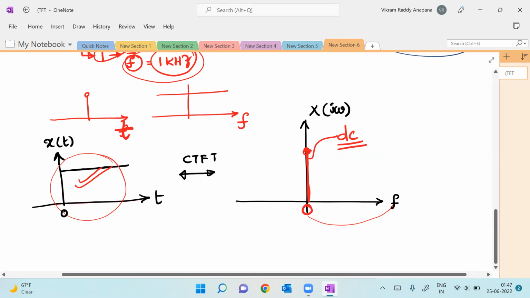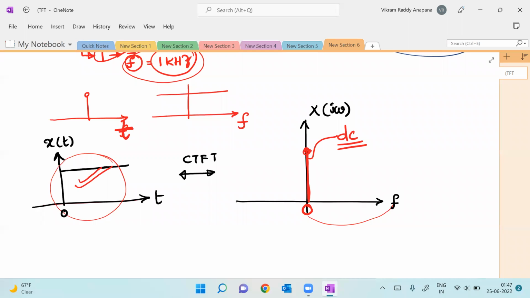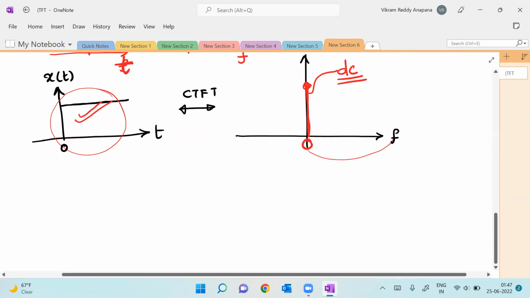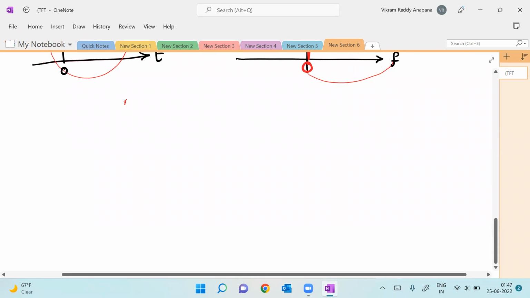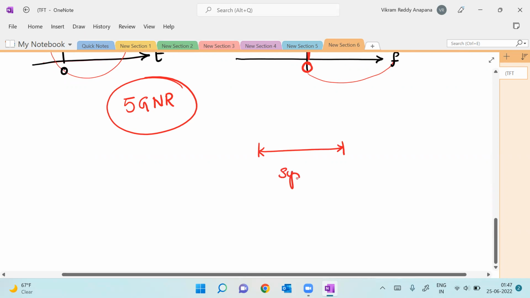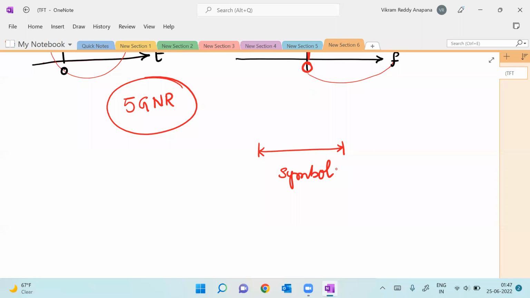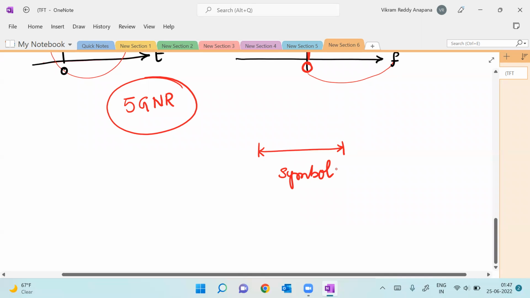There are many more things to go with, and we will discuss them in the subsequent lectures. Our next topic will be the 5G NR approach. For example, take a symbol duration. A symbol means I'll be having multiple bits involved in the symbol. If you pump more bits into the symbol, that indicates you have a high data rate, or faster rates.